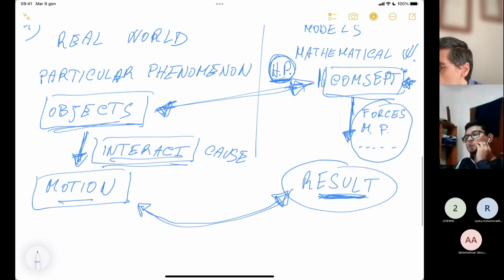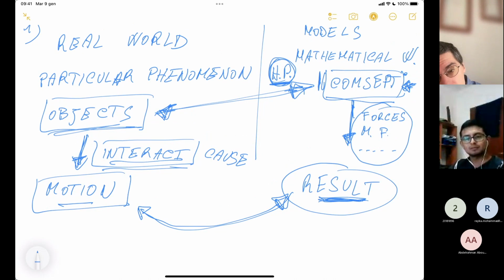But you can have also, in some cases, that the results are not the same as the motion. You see, this is a bad thing. But not always is this kind of mismatch a bad thing. And now I will make two examples that explain better this kind of situation.